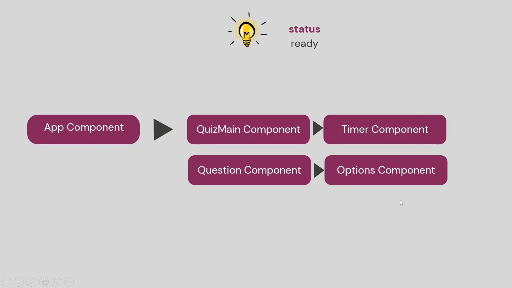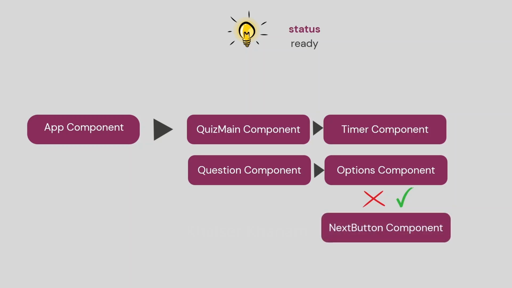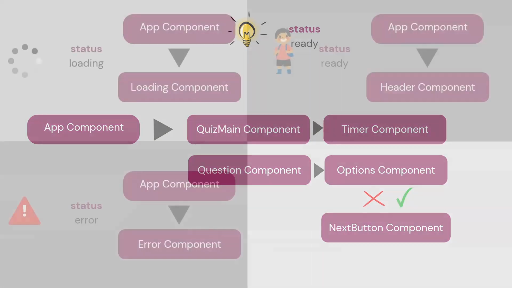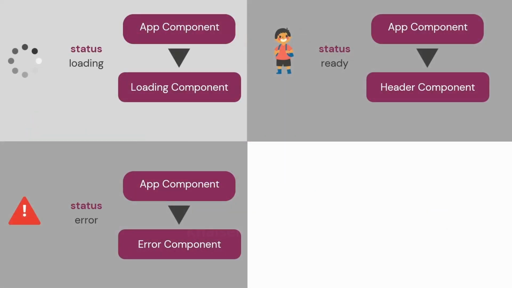And after that, once I click on the option, let it be correct or wrong, I just want to display my next button. After that, once I reach the last question and select the option, I just want to update my status to finished.